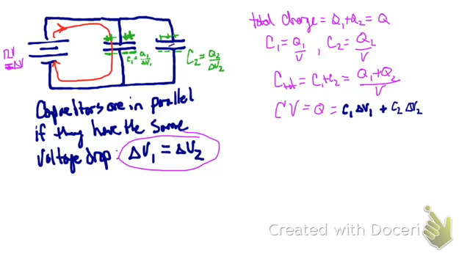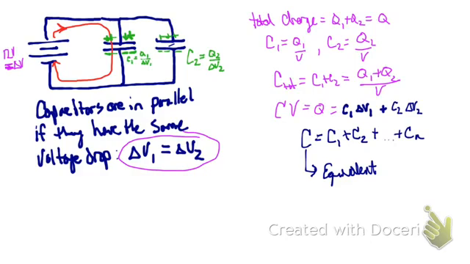Or, in parallel, our total capacitance equals C1 plus C2 plus up to Cn. And this gives us the equivalent capacitance, the equivalent capacitance of the circuit.